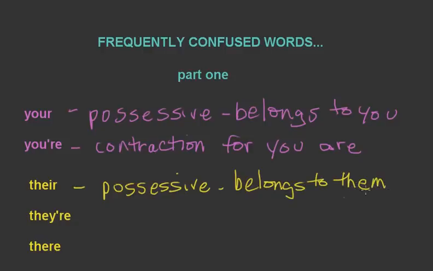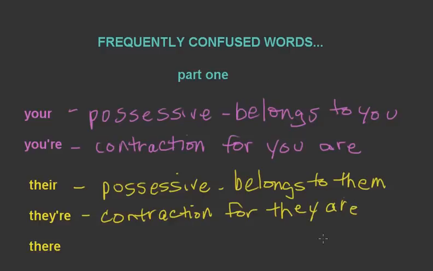Their problem, their child, their dog, whatever. The second one is a contraction for they are. If you're confused about contractions, go to the lesson I have posted that is about using apostrophes in contractions.